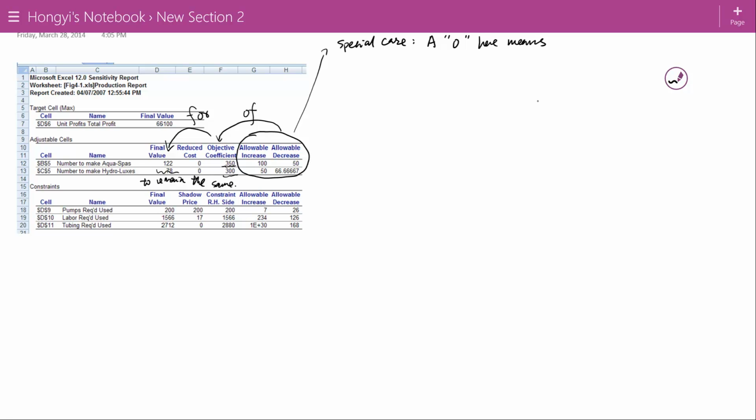What happens if there is a 0 here? What does that mean? When there is 0 here, it means just 1 unit of change, the solution will change.